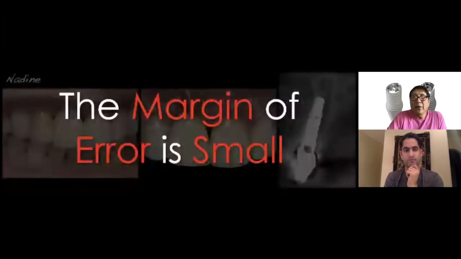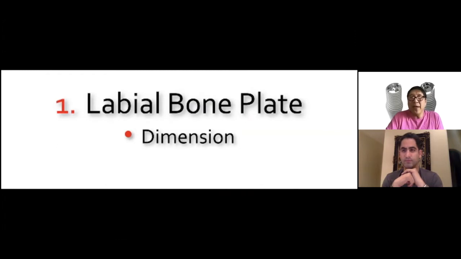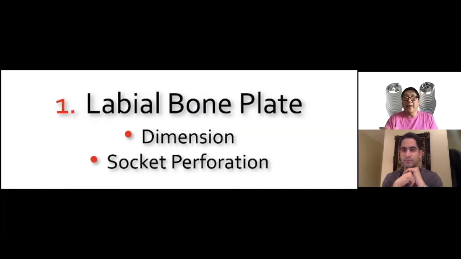In regards to the two factors that would define it, there is its dimension: it is important not just to have labial bone plate around implants, but also how thick is that labial bone plate, or how thick should it be for long-term stability? And could perforating the extraction socket be a variable that would compromise our aesthetic results?